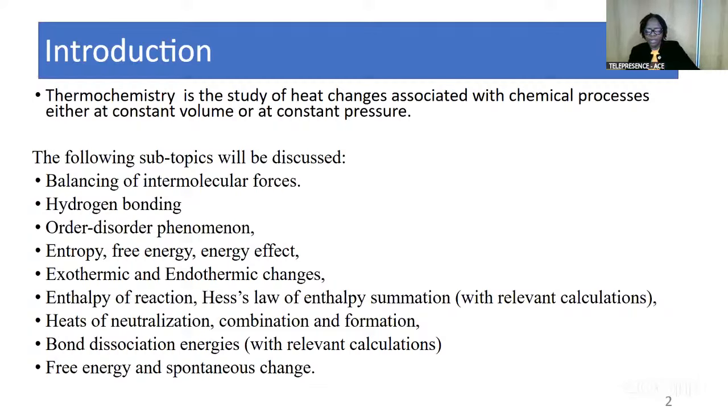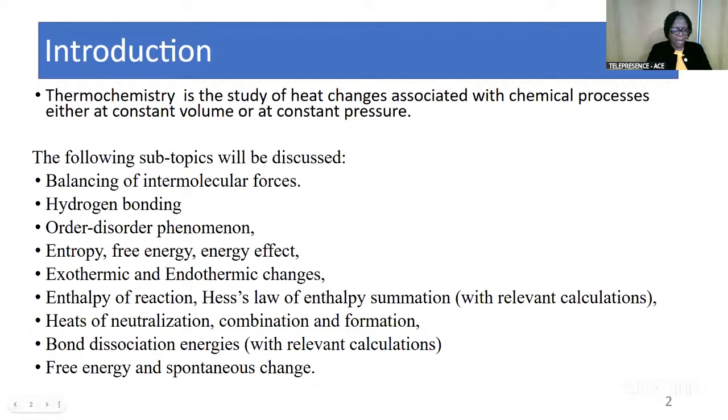For every chemical process that involves change of states, most times you are going to find that there is heat exchange or heat changes. So chemical processes generally involve heat, whether at constant volume or at constant pressure, and the study of that change is what we refer to as thermochemistry.